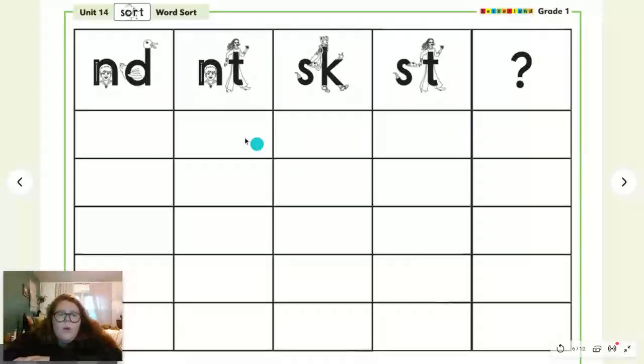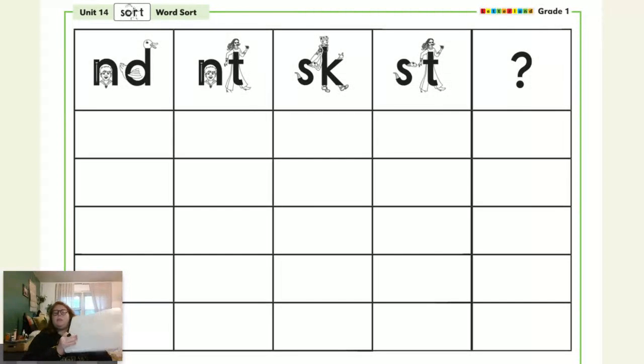Now, we're going to move on and we're going to do a word sort. So, I would like you to open your agenda to your spelling word list. You're going to need your spelling word list, and you're also going to need your whiteboard or a sheet of paper and a pencil, whichever one you want to use.